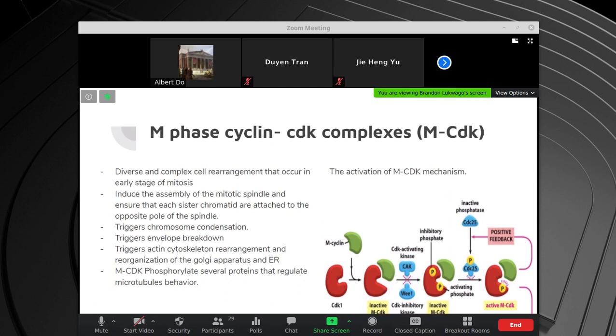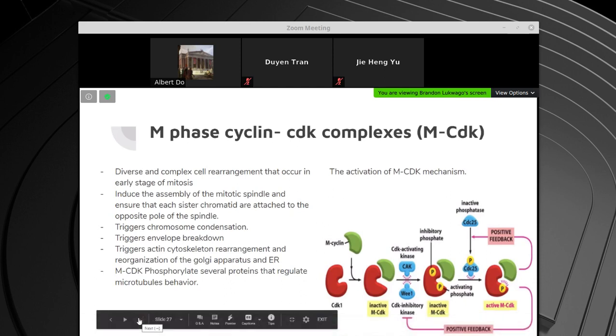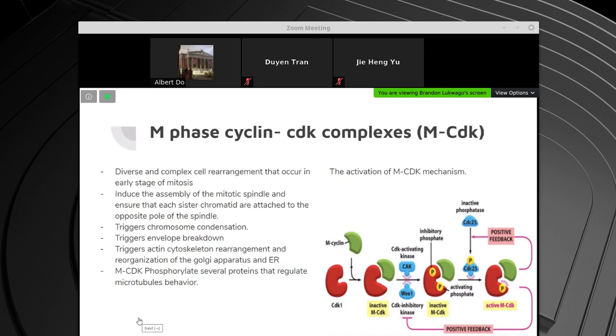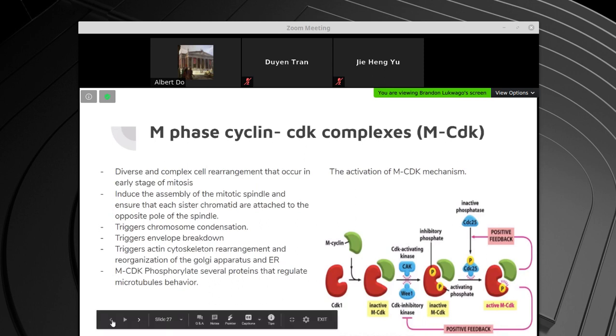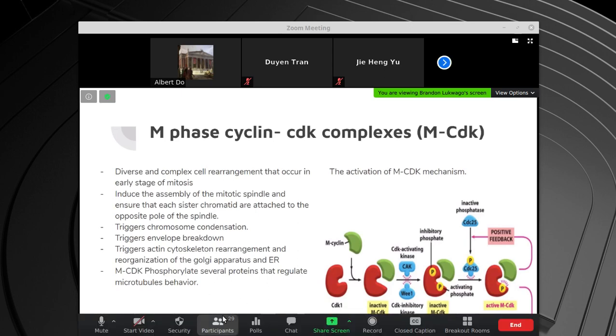This is the mechanism for how M-CDK is activated. Cdk1 associates with the M cyclin, and the resulting M-CDK complex is phosphorylated on an activating site by the CDK-activating kinase, and on a pair of inhibitory sites by the Wee1 kinase.